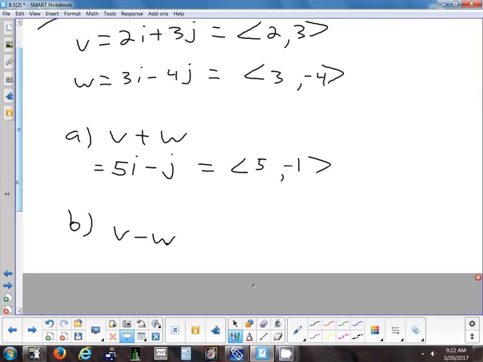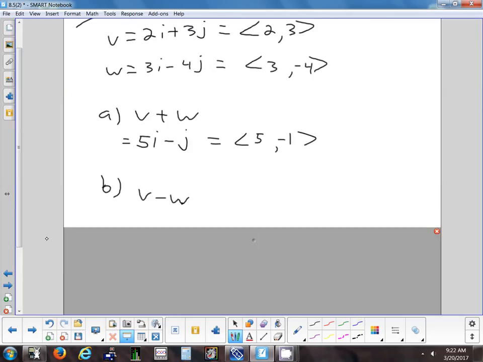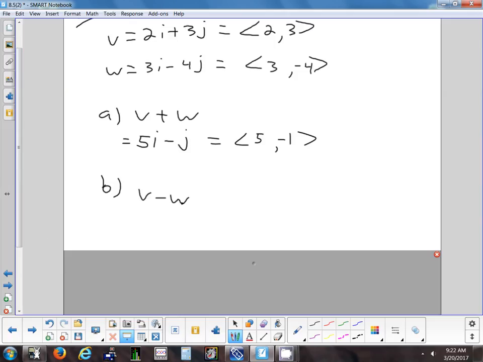Okay, so now let's subtract. Let's try v minus w. Nick, can you tell me my horizontal component when I do v minus w? It's going to be 5. Okay, how'd you get that?